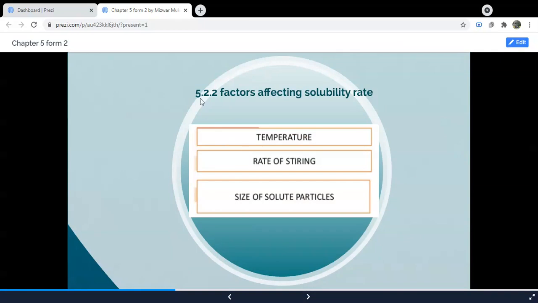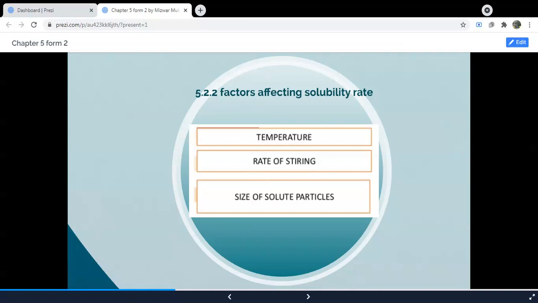Okay, and the next one, 5.2.2, factors affecting solubility rate. There are 3 factors that affect the solubility rate. The first one is temperature. Then rate of stirring, stirring ini kacau.